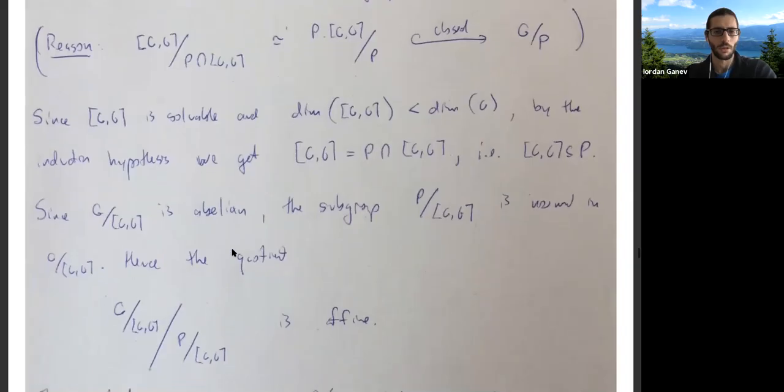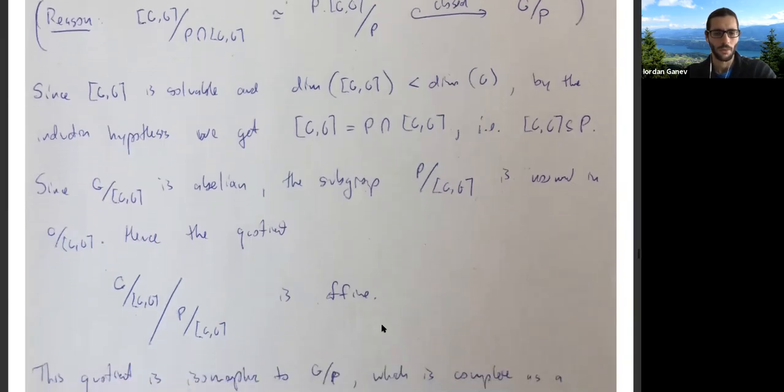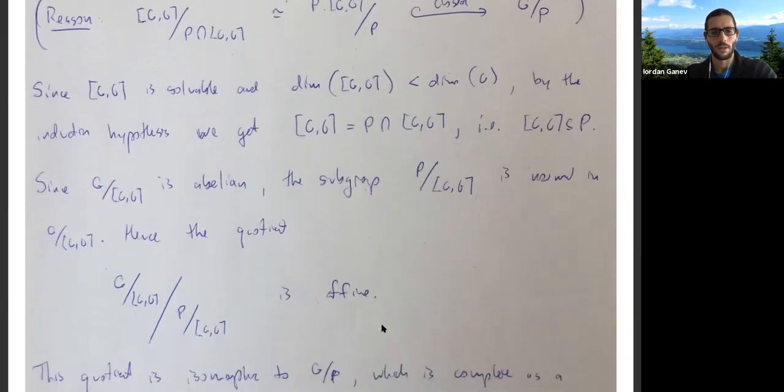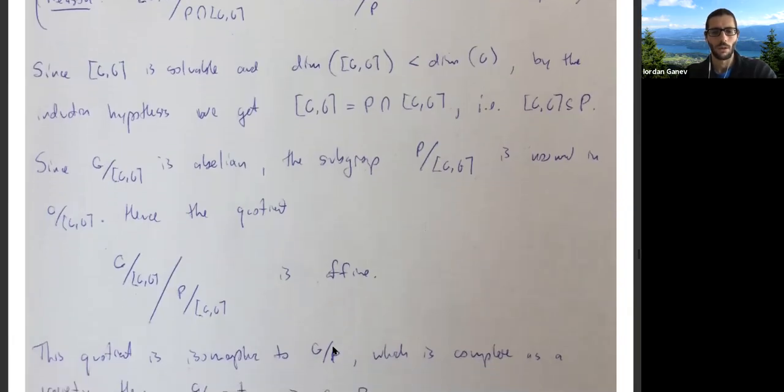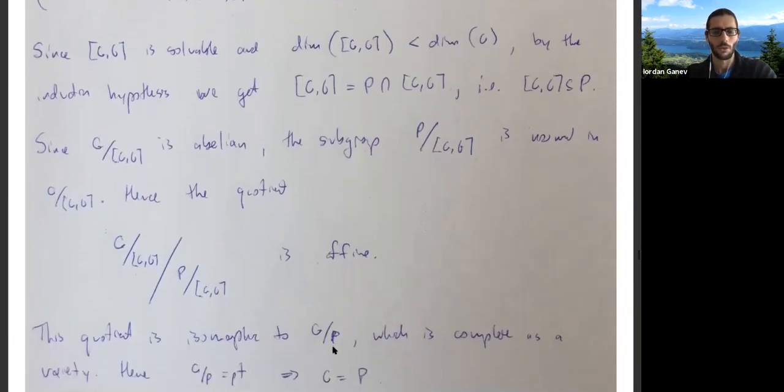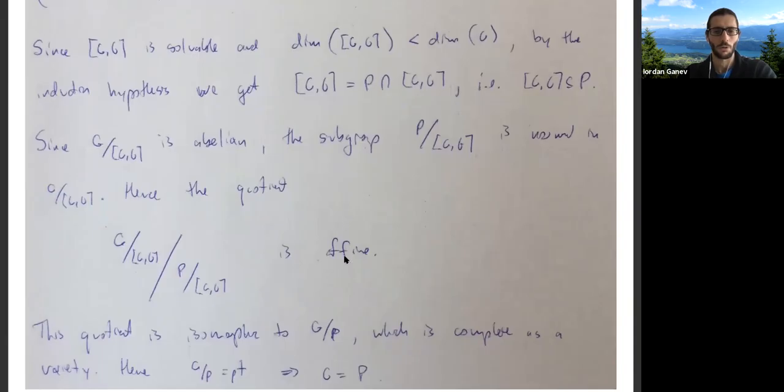So the quotient of G mod the commutator by P mod the commutator must be affine, since we're taking the quotient by a normal subgroup. And this quotient is just isomorphic to G mod P. It's complete since P was chosen to be parabolic, and it's also affine, so it must be just a point. So that allows us to conclude that G mod P is a point. So then G is equal to P.